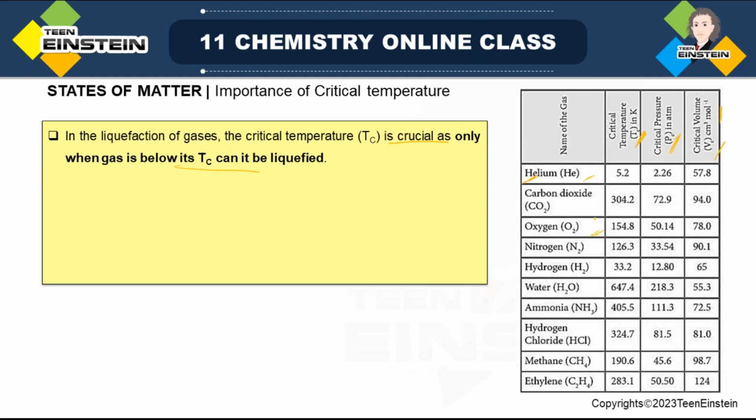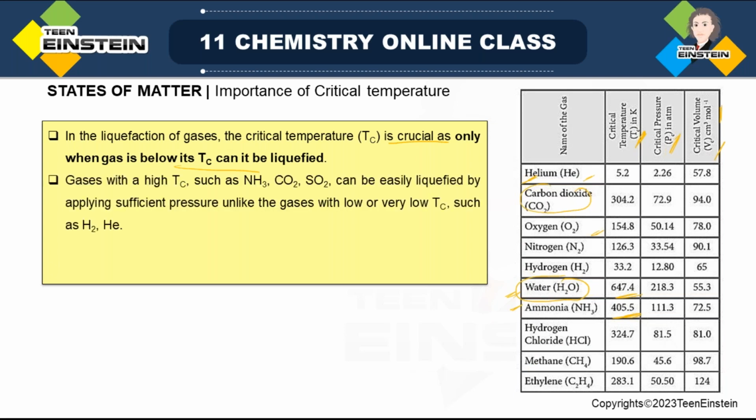Compared to these, if you consider carbon dioxide, or water, which under normal condition is not a gas, look at the value. The critical temperature is very, very high. Look at the value for ammonia, TC 405. These in this table have the maximum values of TC.